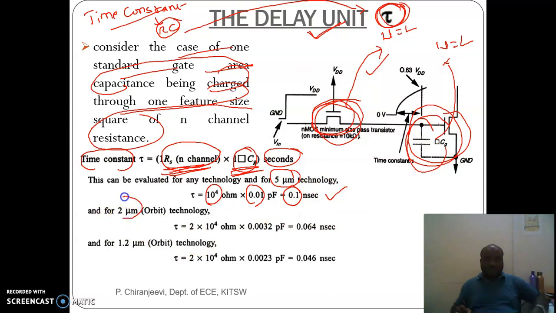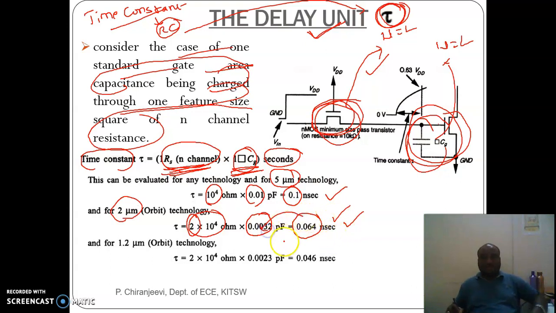If that is a 2 micrometer technology, the sheet resistance for N channel is 2 into 10 power 4 ohms, whereas the standard unit of capacitance is 0.0032 picofarad. So the delay unit in turn will be 0.064 nanoseconds.